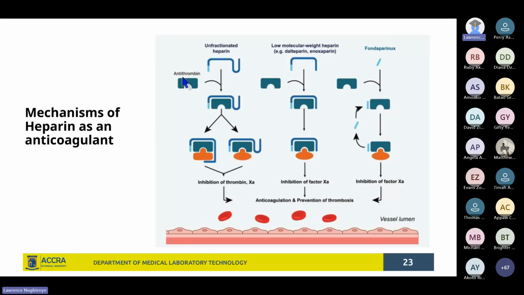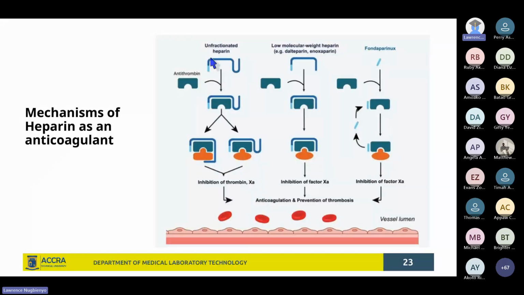Antithrombin is in its inactive form, but when you have heparin coming to bind onto it, it activates it. And that activated antithrombin binds onto the factor XA, which is shown in red there.